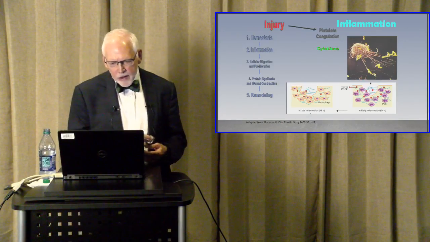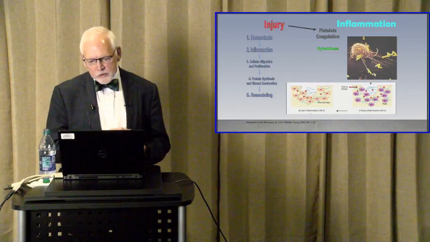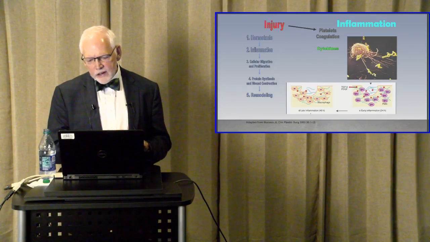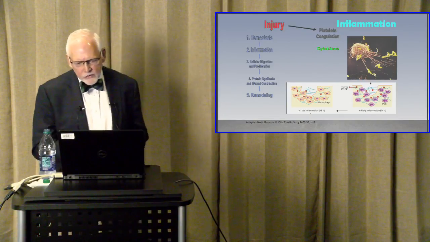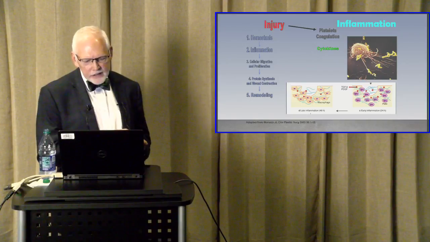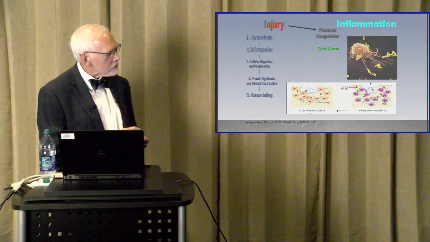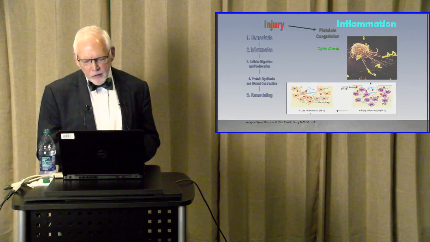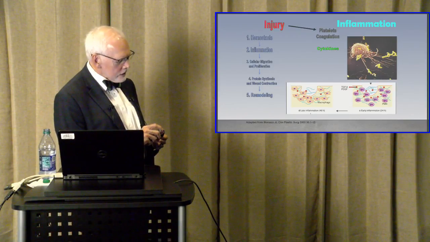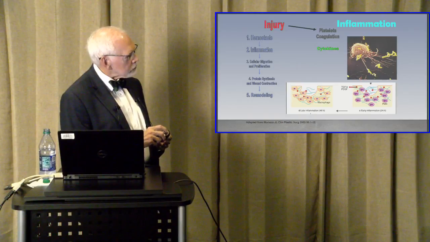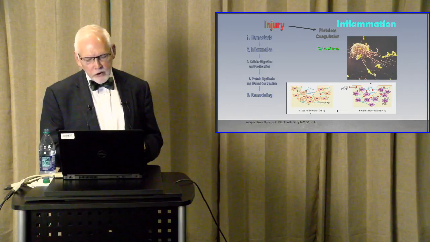You can see there in the bottom right, platelet-derived growth factor and another cytokine are involved in getting cells there and in leading from the inflammatory stage to the next. One problem that we see with chronic wounds is that they get stuck in this inflammatory stage of healing, and that's the reason that they become chronic.